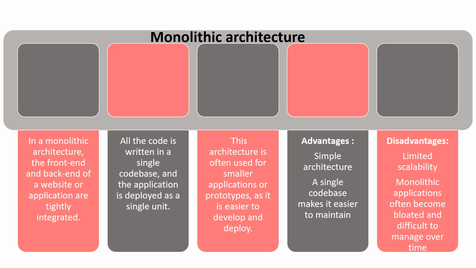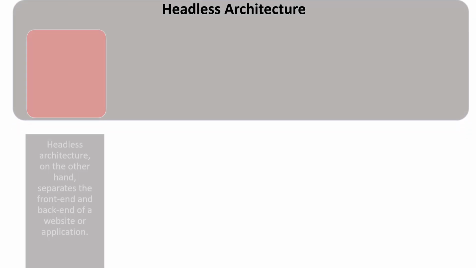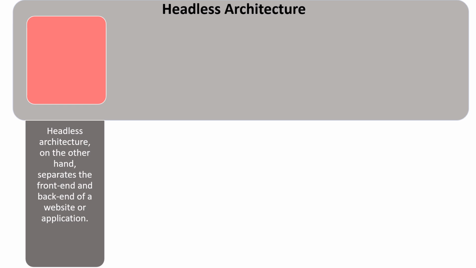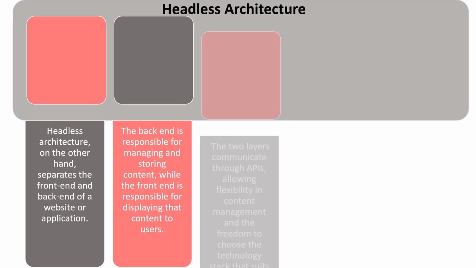So this is about the monolithic architecture, and now we can see what is a headless architecture. This headless architecture, on the other hand, separates the front end and back end of the website or application. The back end is responsible for managing and storing the content, while the front end is responsible for displaying the content to the user.